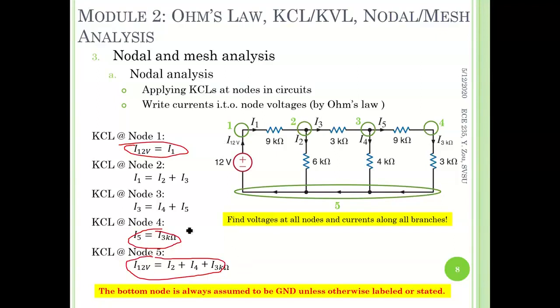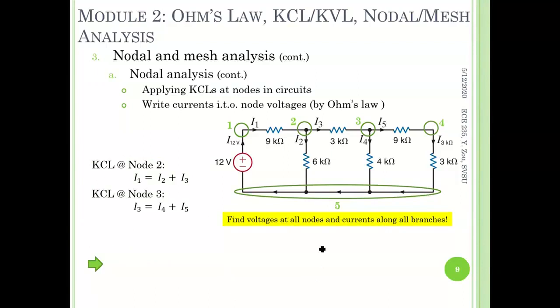In other words, they are not helpful. So to make your circuit analysis easier, more concise, and also enough to help us find all the voltages and currents, we only need to keep equations 2 and 3, like this.